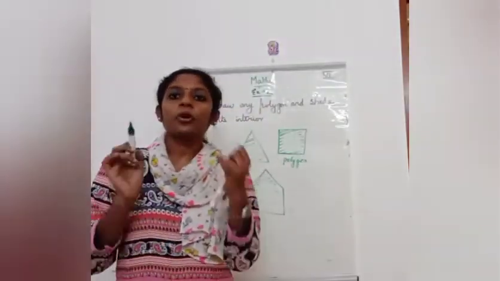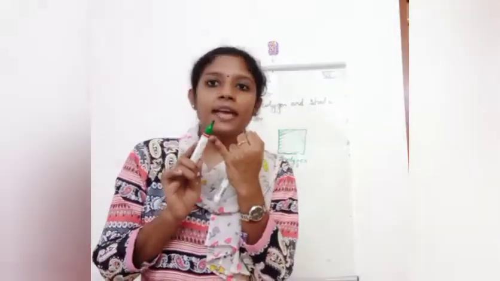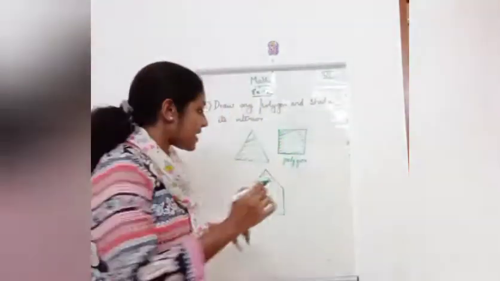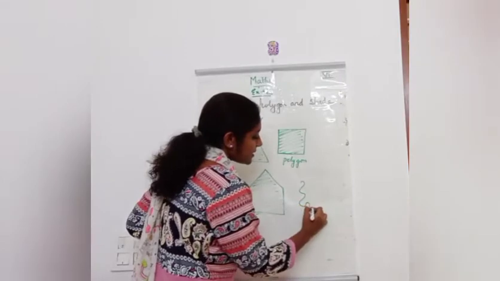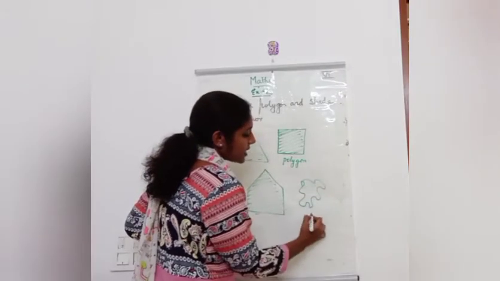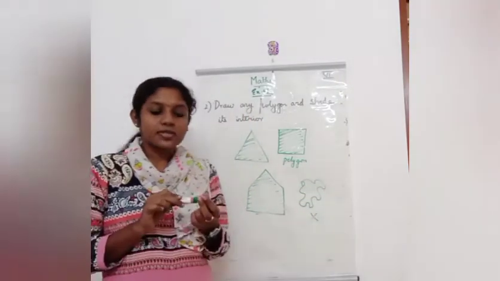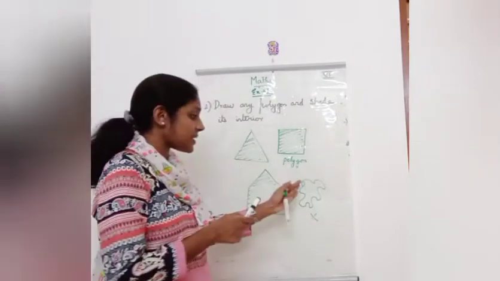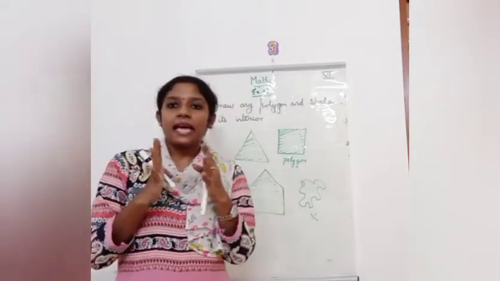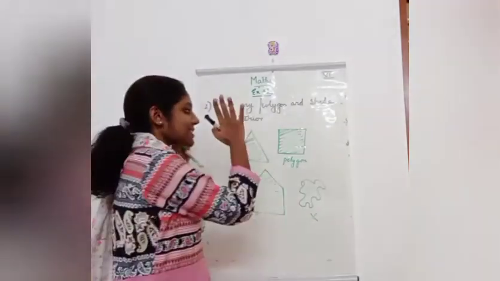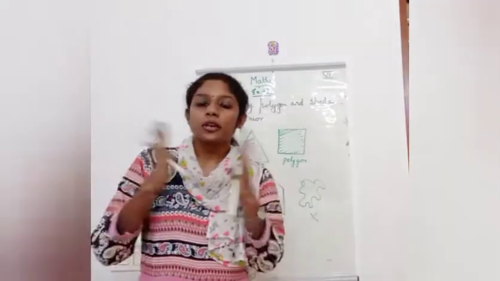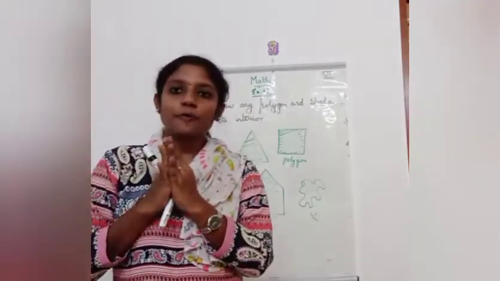Square, rectangle, triangle, etc. are examples of polygons. A polygon must be a closed curve, but it should be made of line segments. If you draw like this, this is a closed curve, but it is not a polygon, because it doesn't contain line segments. Only line segments are allowed, and it must also be a closed curve. That is an example of a polygon.